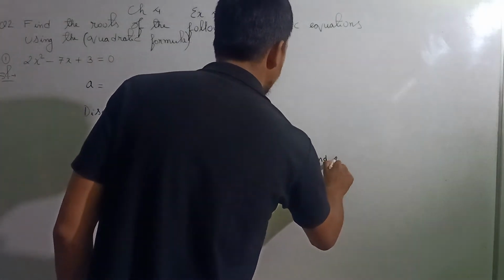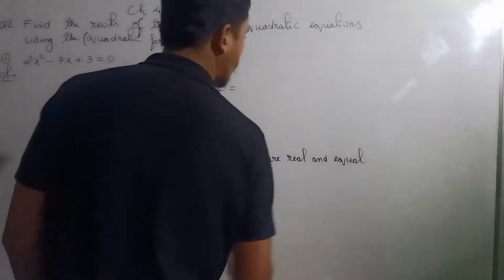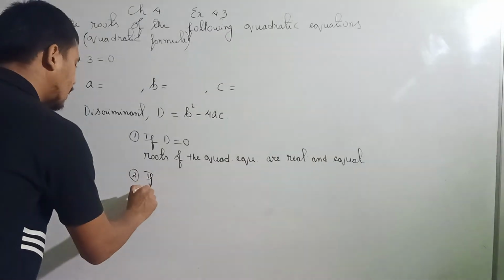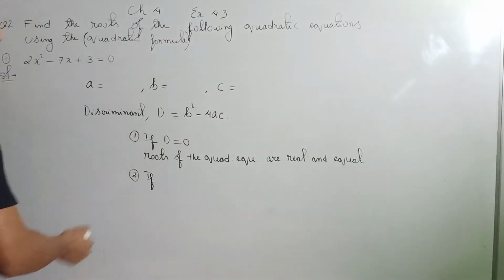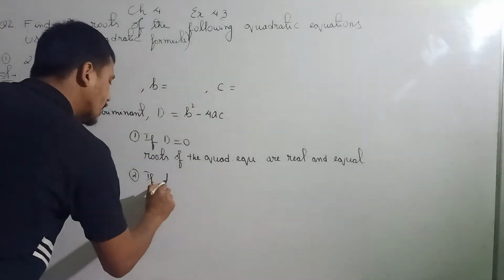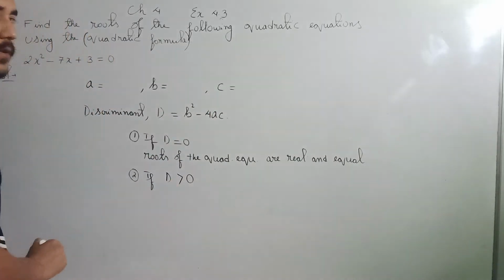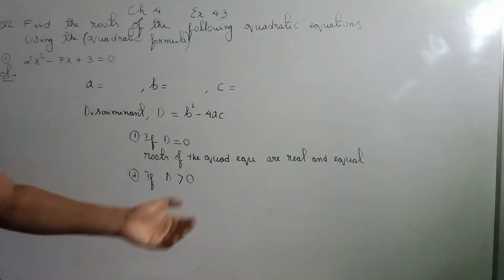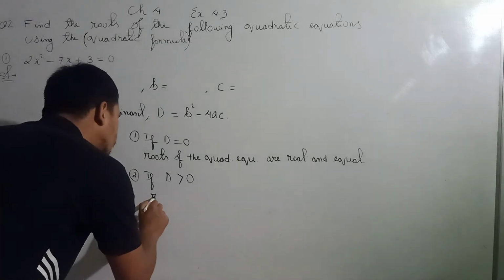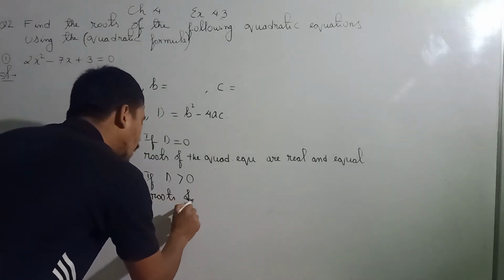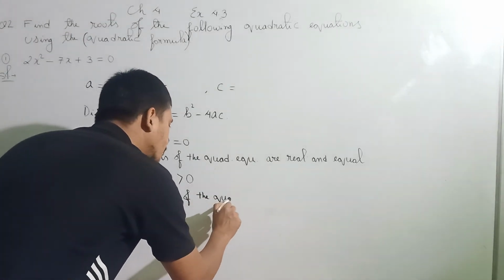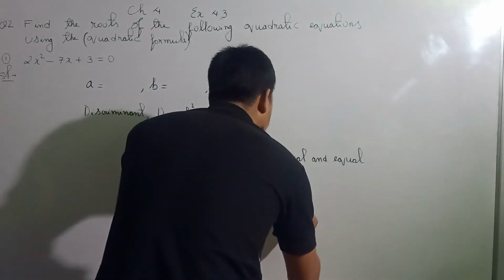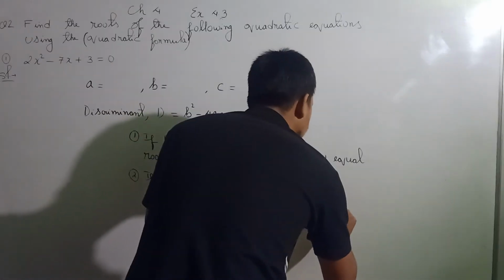The second case is if D is a positive quantity, means if it is greater than 0, then the roots of the quadratic equation will be real and distinct.